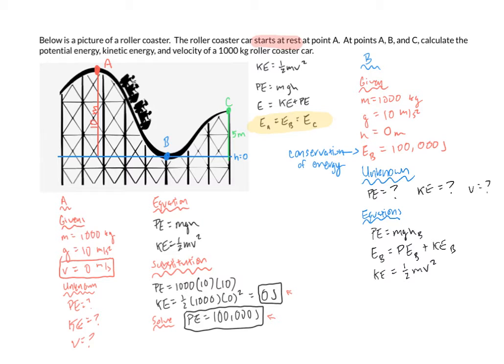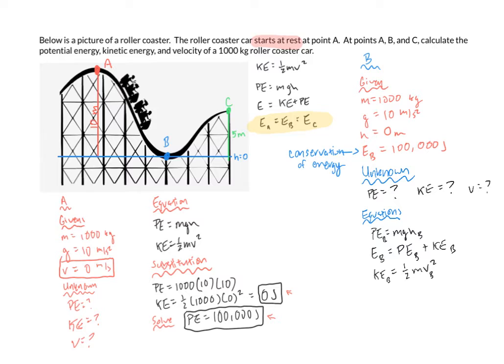And again, we're looking at our potential energy at B, our height at B, our kinetic energy at B, and our speed at B. And just looking at this problem and at this picture, we can see that from point A to point B, all of our energy has been transformed from potential energy into kinetic energy.